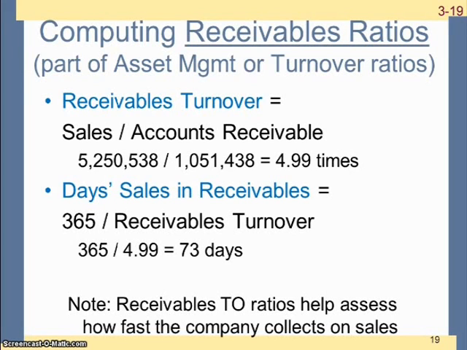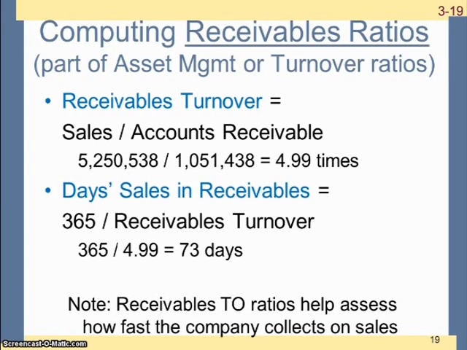A high turnover figure indicates that a firm has the ability to collect accounts receivable from its customers very quickly, while a low turnover figure indicates ineffectiveness and inefficiency in collecting outstanding sales. You should track the receivable turnover metric on a trend line in order to see gradual changes in turnover performance.